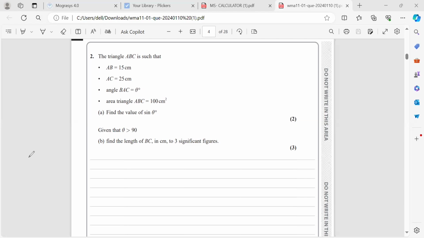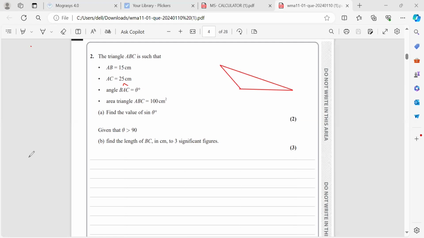The given thing is, we have to find the value of sine theta, and the given thing is theta is greater than 90. It means the triangle is an obtuse triangle. So we can draw this triangle in a way which is having an obtuse angle, and we can write angle A because it's the vertex in between.